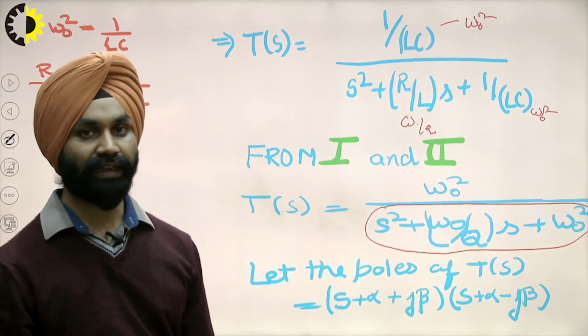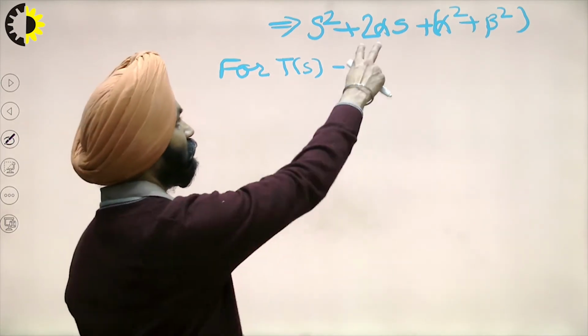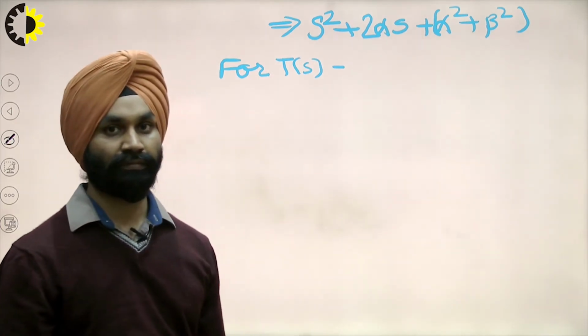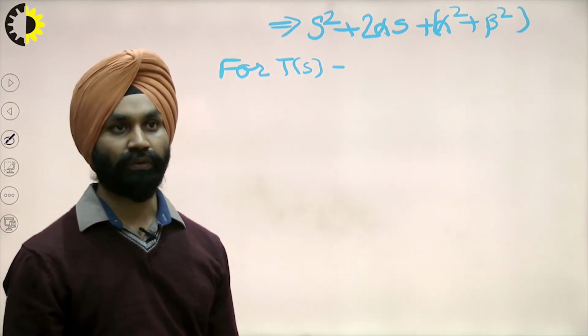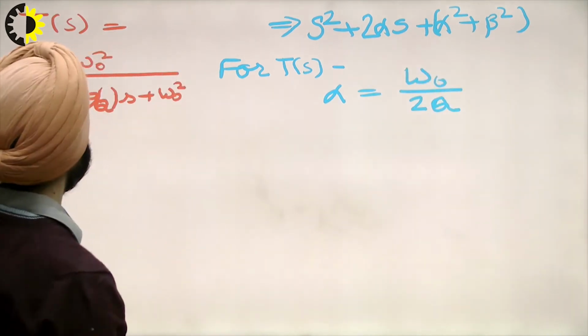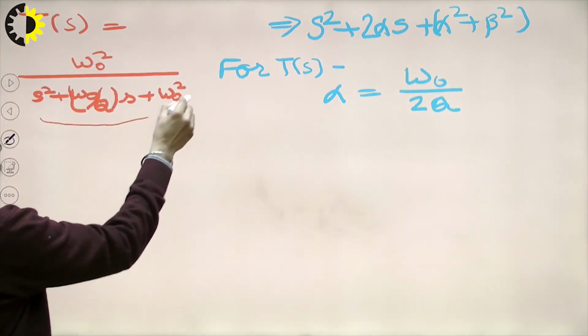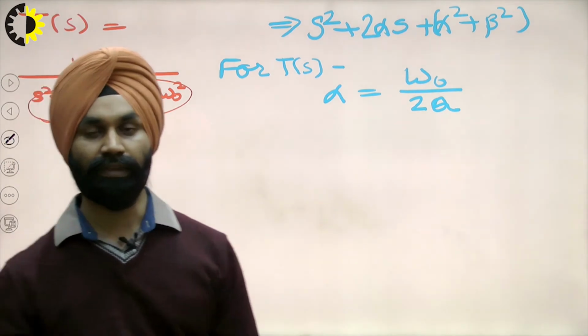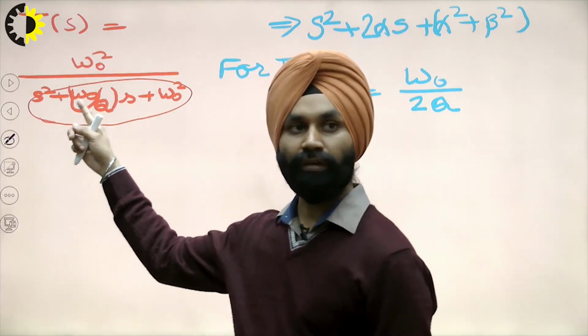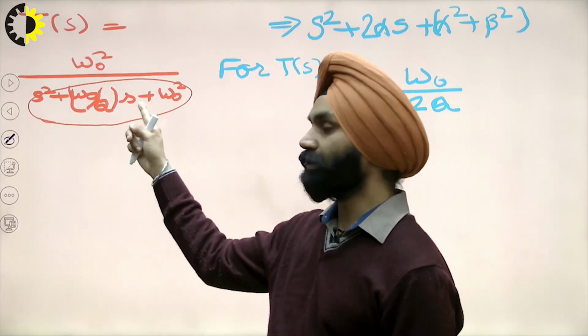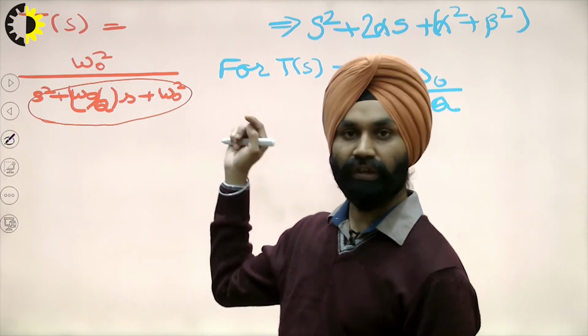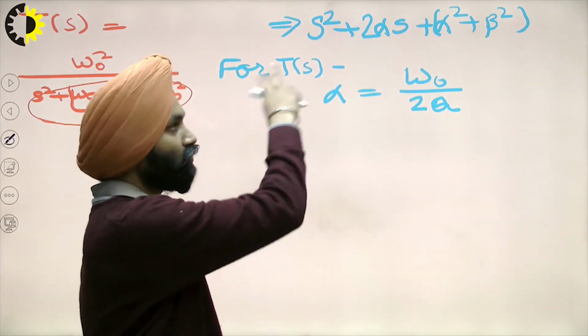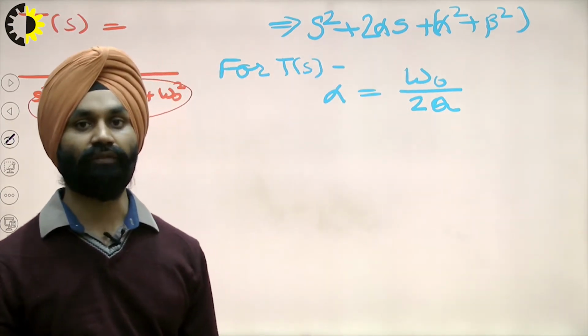So, we can say that this equation will be equal to the poles of the transfer function given by this equation. That means s square plus omega naught by q s plus omega naught square will be the poles. So, these two equations can give us alpha and beta.